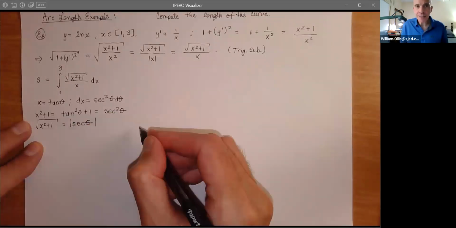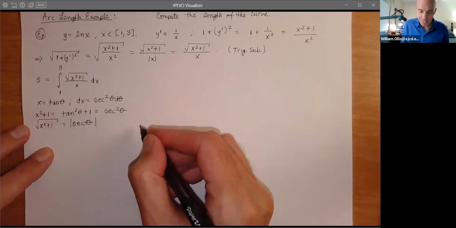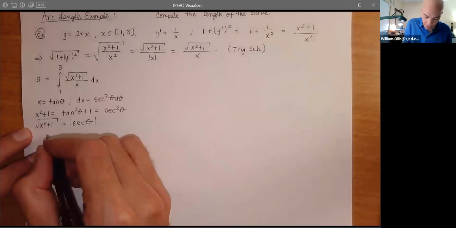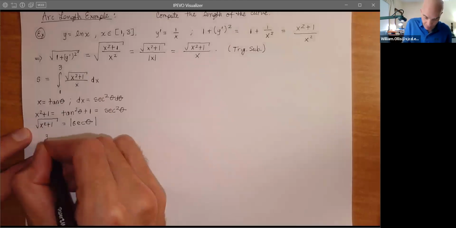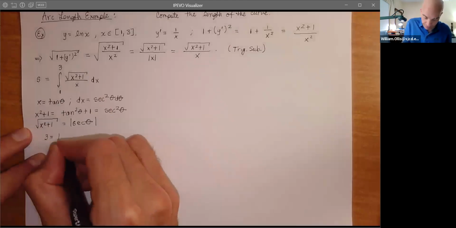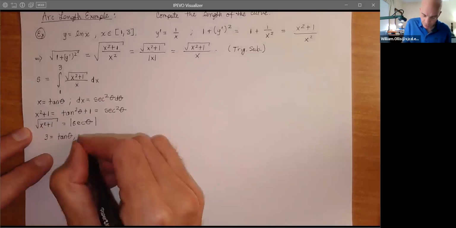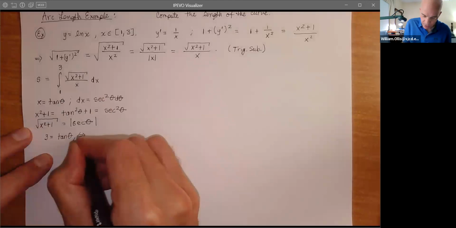So now let's go ahead and test our limits, and this will be easy. We just have the x equal tangent theta. So first, let's do 3 equal tangent theta. Unfortunately, this is not an easy one. I mean, this is just what it is.